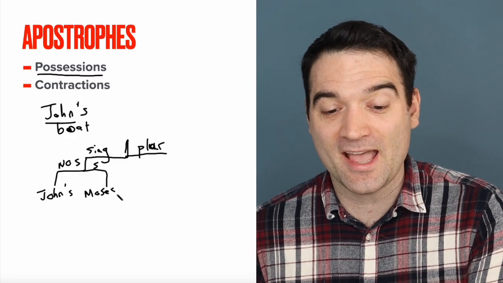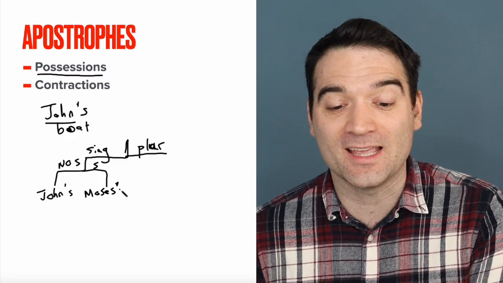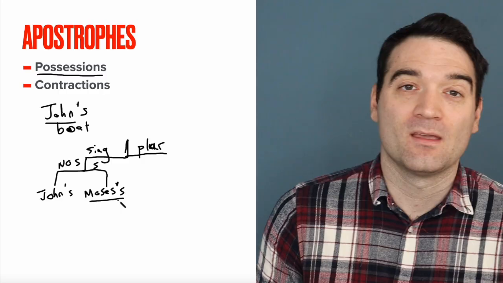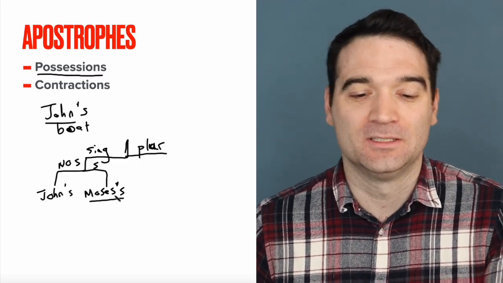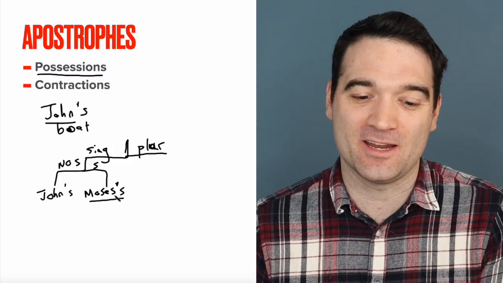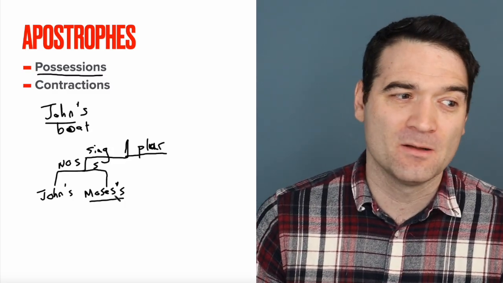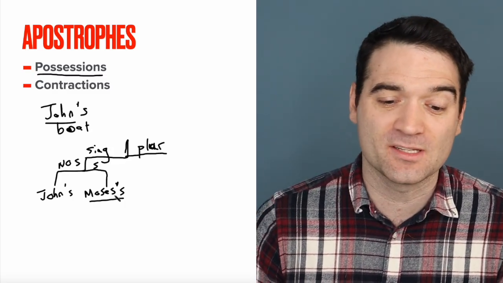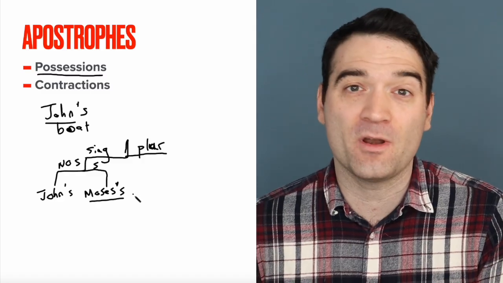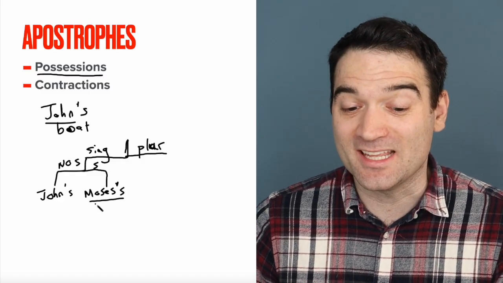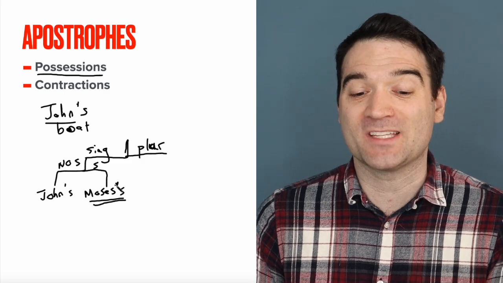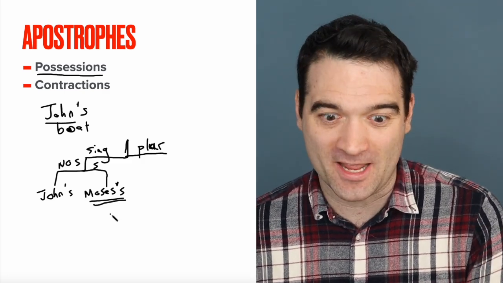Moses apostrophe S. I add an apostrophe S even though there's already an S on the end. Now, before you get too animated here, I realize that in some books and some publications, they just throw an apostrophe on there. But for the purpose of the SAT, this is the rule, right? You have to just add an apostrophe S even though there's already an S.